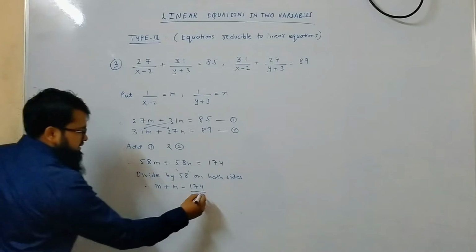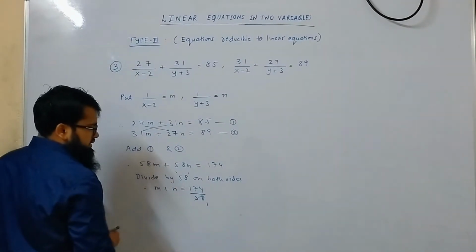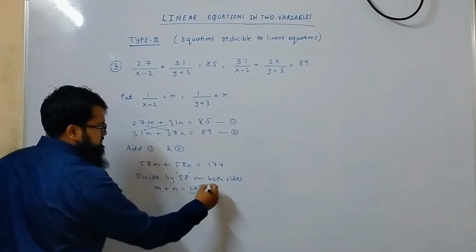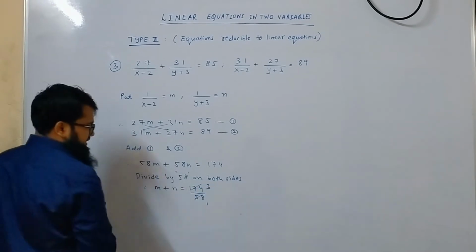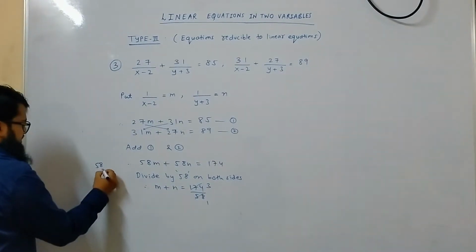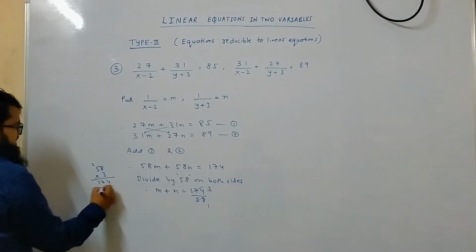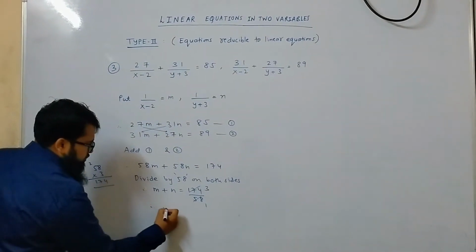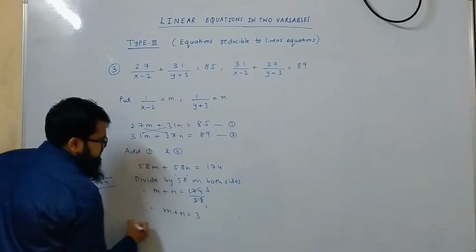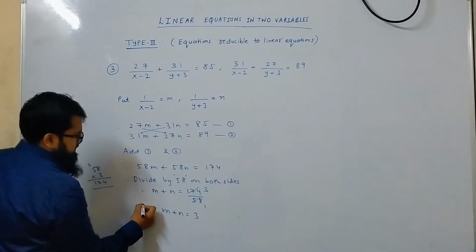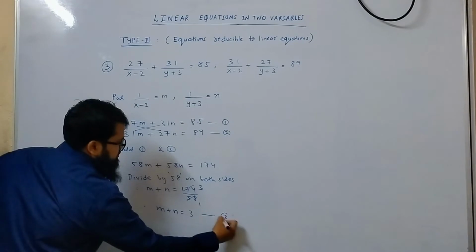Now 58 threes are, let's see, 58 times 3. 3 fours are 12, 3 fives are 15 plus 1 is 16, 174. So we are right. Therefore m plus n is equal to 3. Okay. Let's take this as equation number 3.